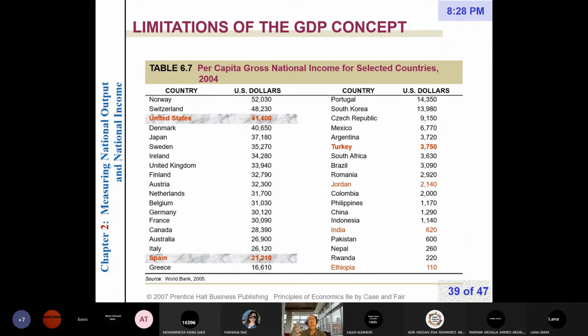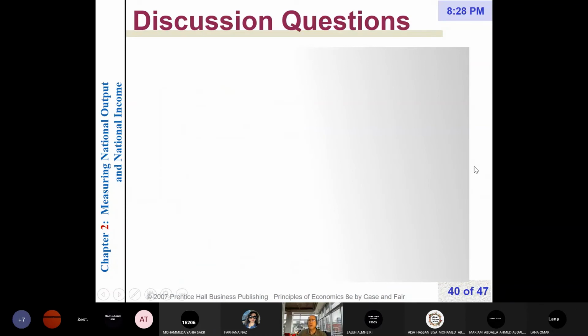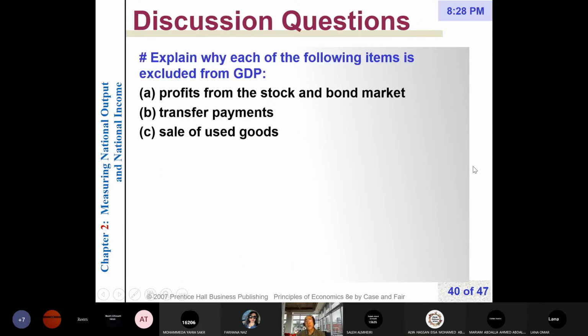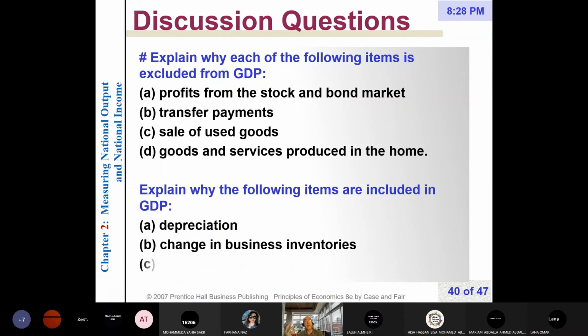But it gives us an indicator about the differences between countries. Thankfully, I live in the United Arab Emirates, in which income is close to developed countries, so we enjoy consuming lots of goods and services. Okay, now I will not answer these questions.